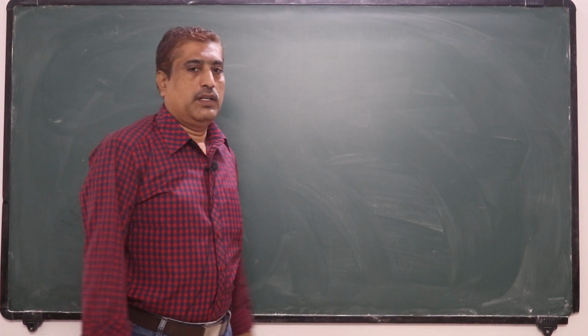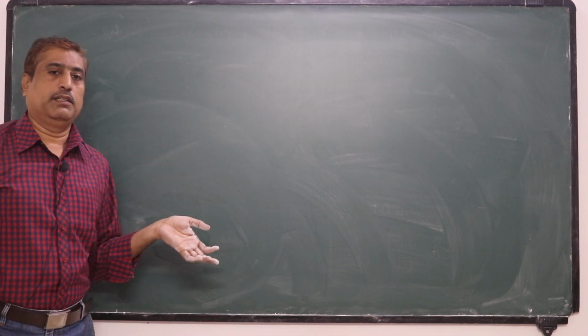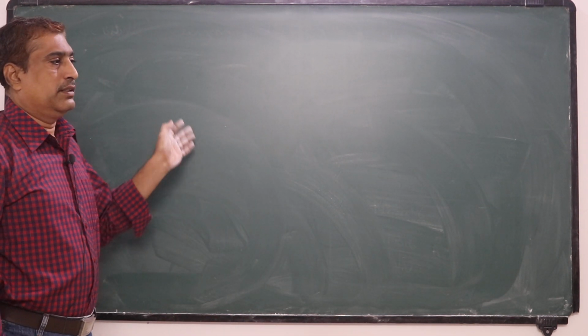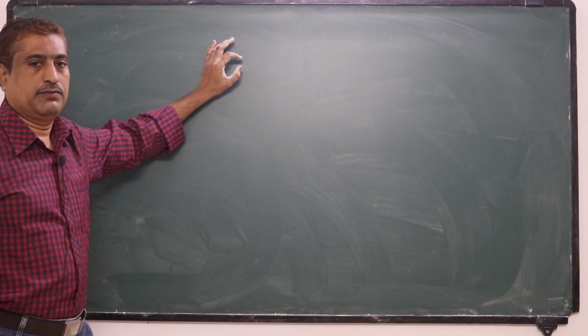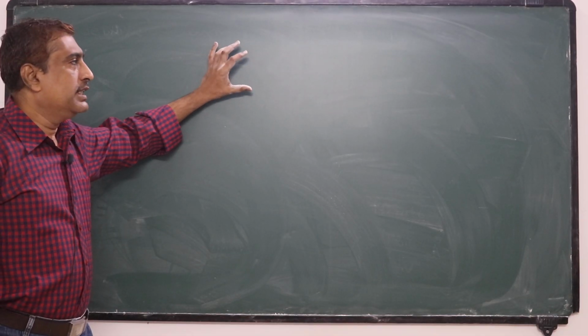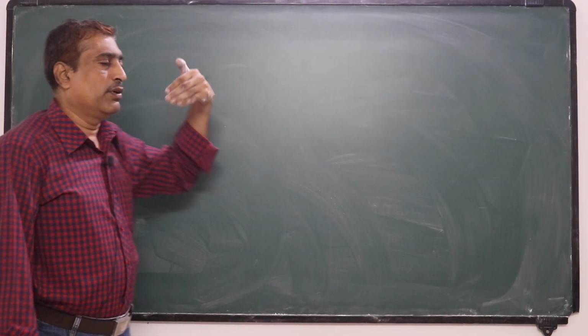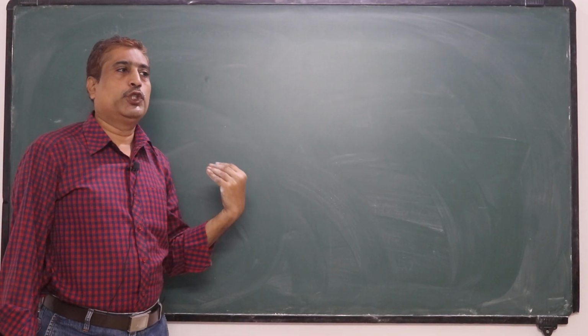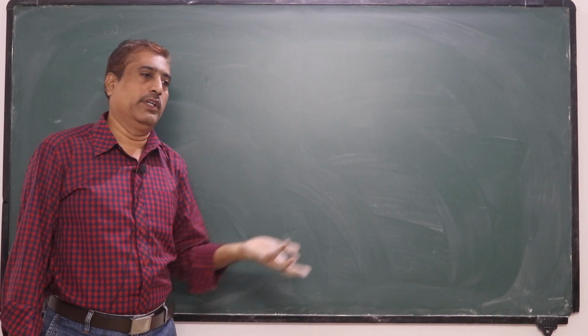Now, the Heisenberg uncertainty principle. Uncertainty means not sure. So what is this Heisenberg uncertainty principle? Before going to this, first we have to know the dual nature of light. Dual nature means exhibiting both particle nature and wave nature.